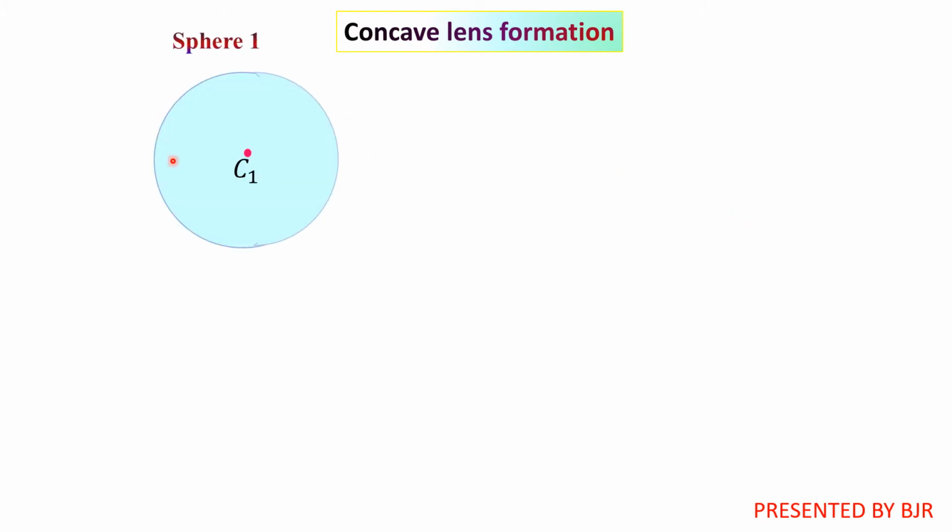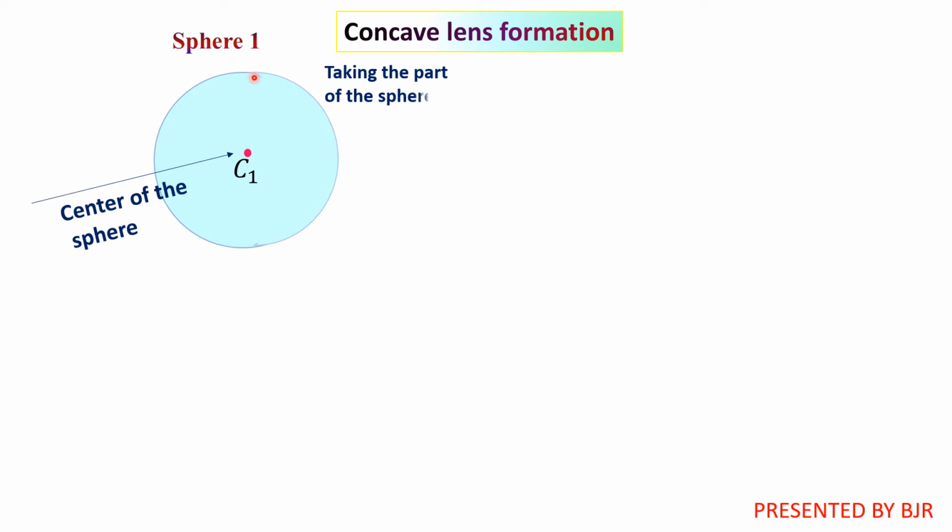Now I will show you the formation of a concave lens. How a concave lens is formed. Let us see here. Here is the sphere 1. This one is a solid transparent sphere, otherwise say a glass sphere. C1 is its center, and let us take a part of the sphere.